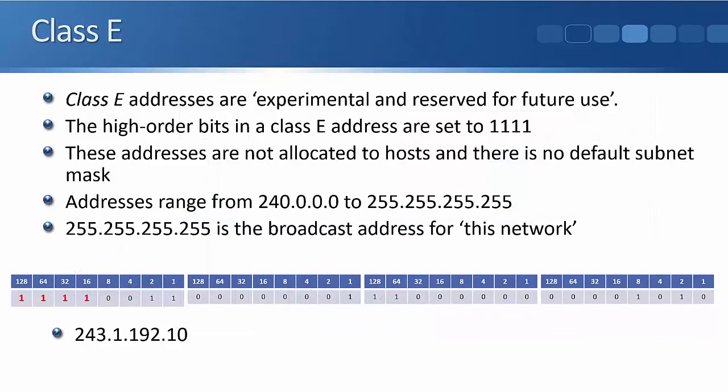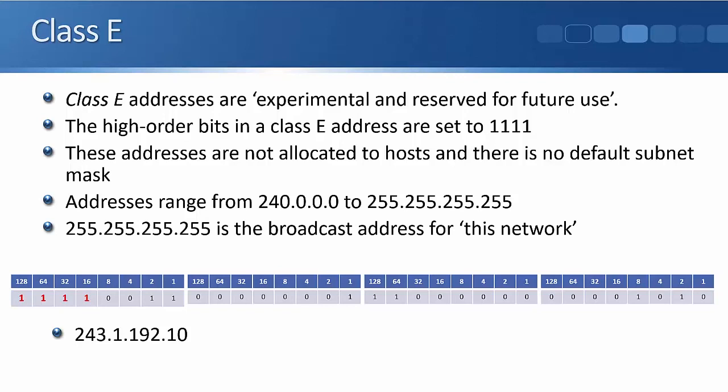Moving on to Class E addresses, they are experimental and reserved for future use. The first bits in a Class E are always set to 1111. So again, if we count it up, that's going to give us the possible values of 240.0.0.0 to 255.255.255.255. Just like our Class D multicast addresses, these addresses do not have a default subnet mask.